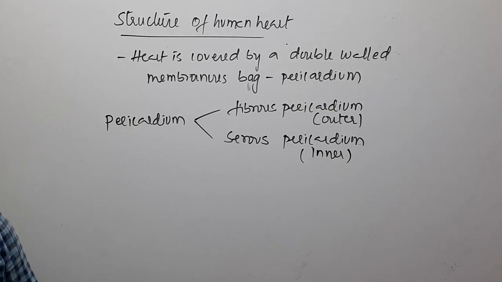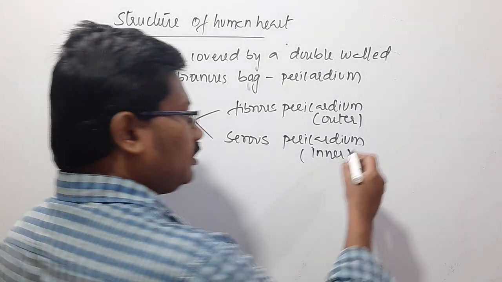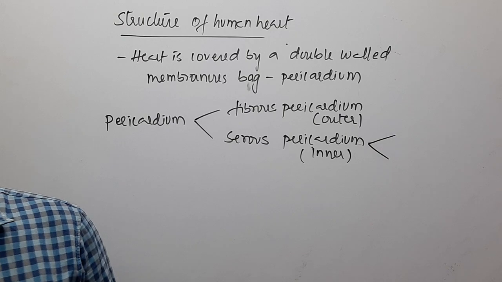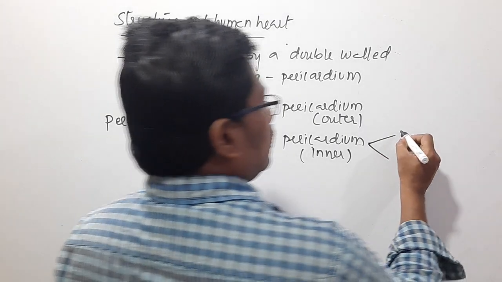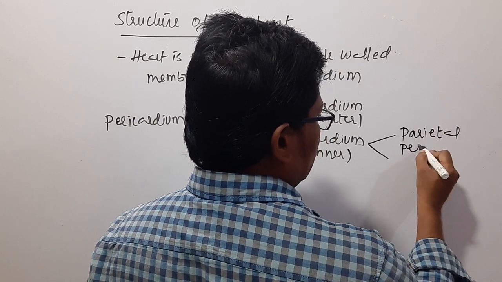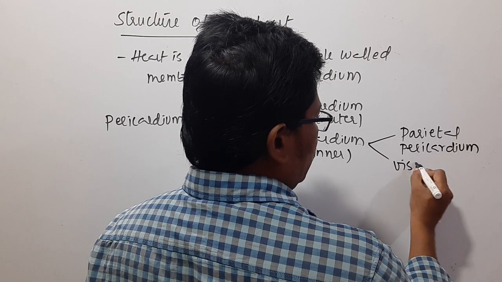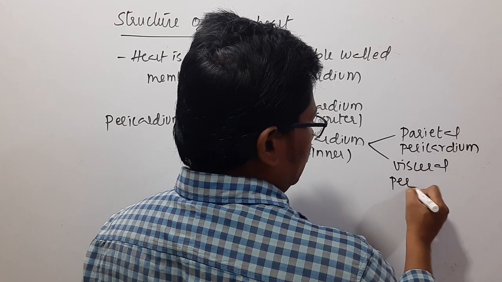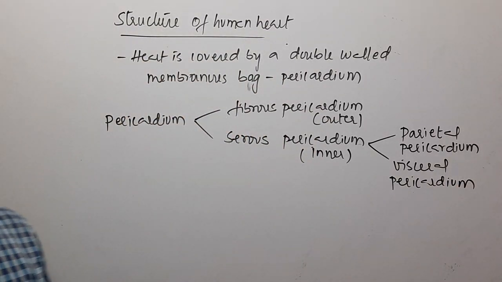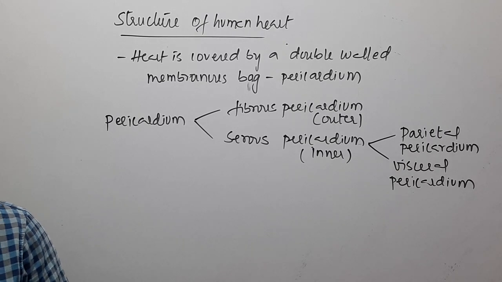And this inner layer, the serous pericardium, is divided into two more layers: one called the parietal pericardium and another one the visceral pericardium.